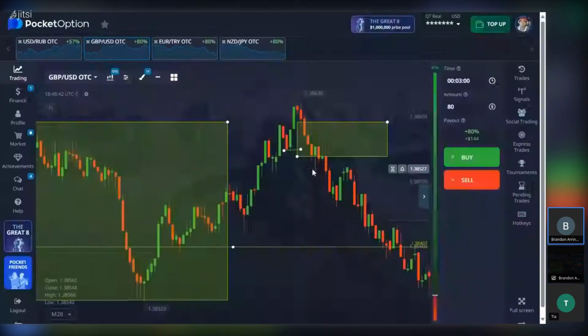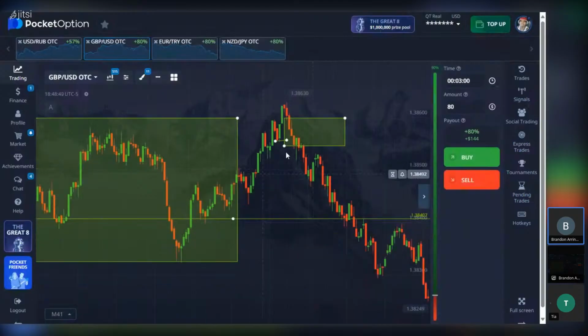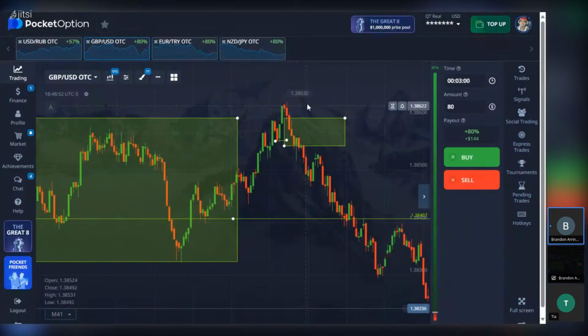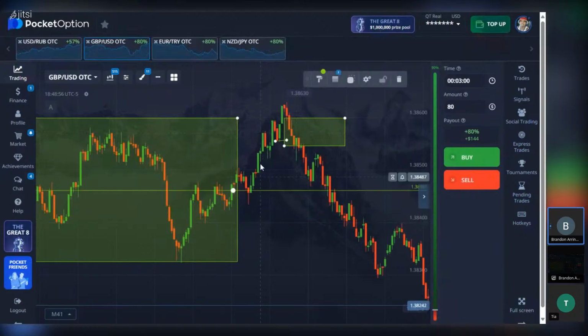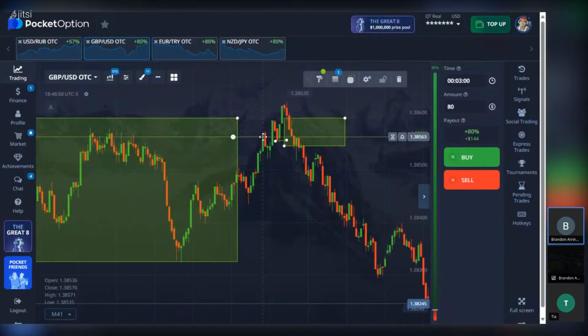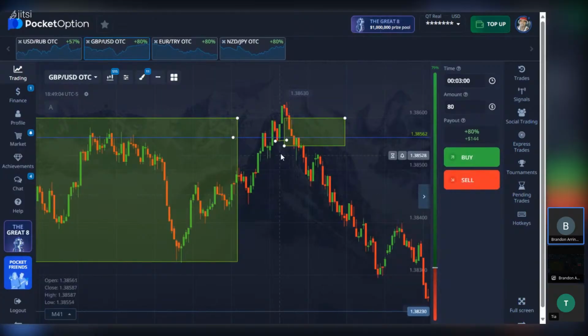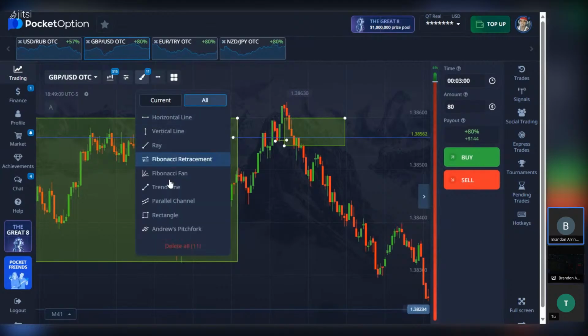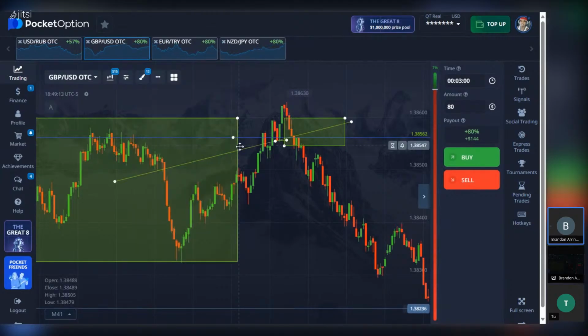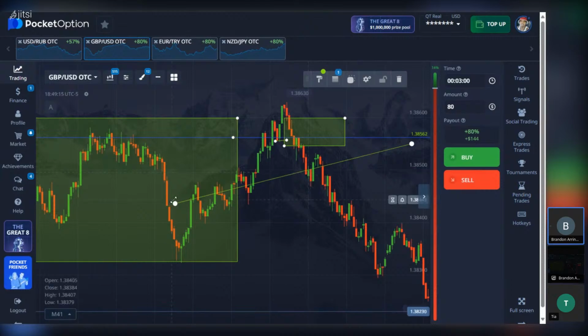But say for example, you enter right here and it just continues trending on you. Say you get your entry right here on the gap play, at the blue line, and price just keeps going.